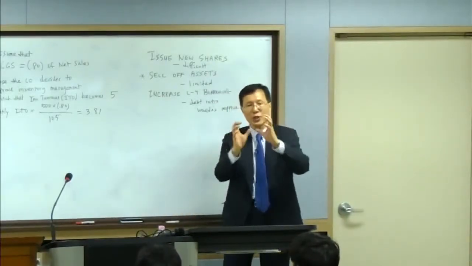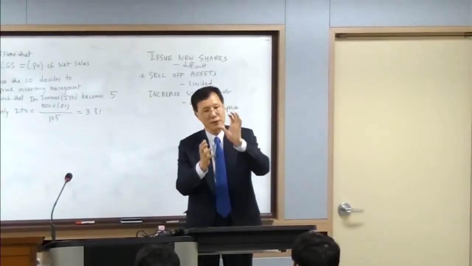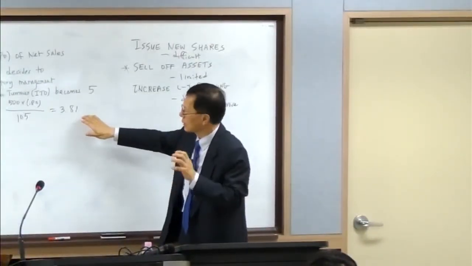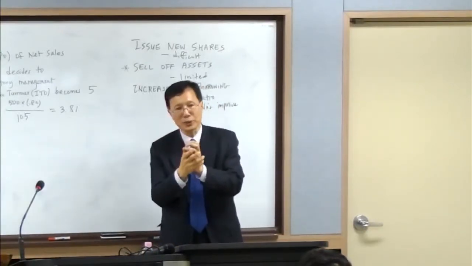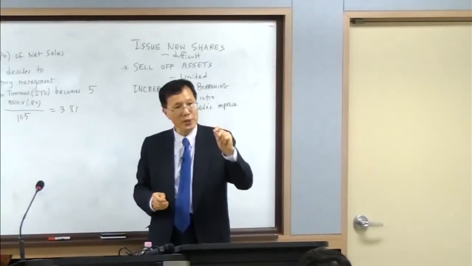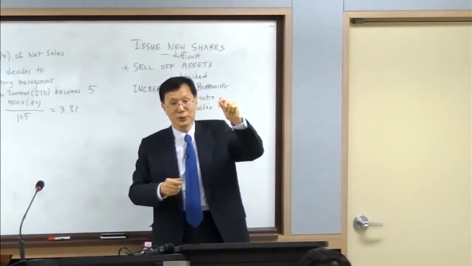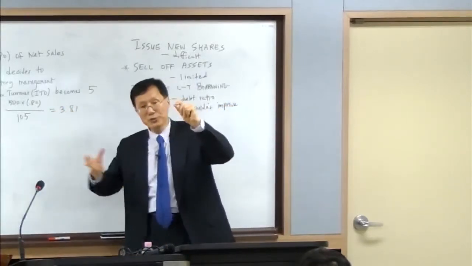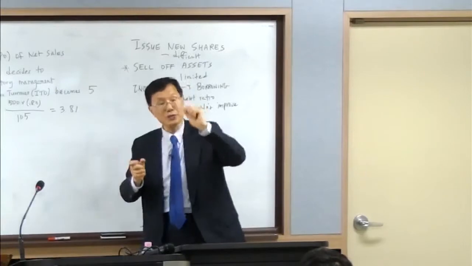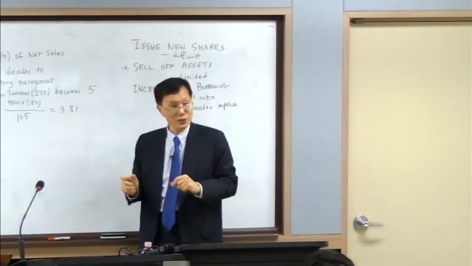For each dollar of inventory the company carries, the company generates $3.81 of sales. Now, the company wants to improve its inventory management such that it will generate $5 of sales instead of $3.81.